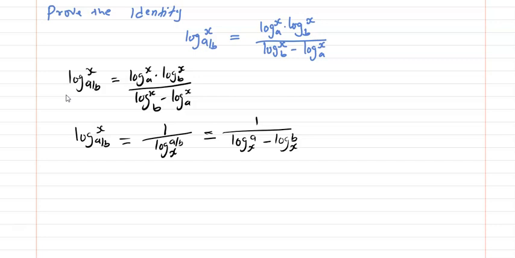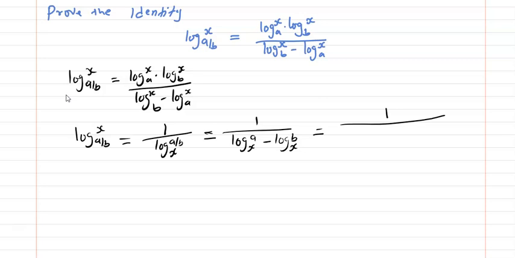If this is equal, then what do we do? Remember that what we are looking for is log x. Now we have log a here. So what do we do? Let's apply another law here.